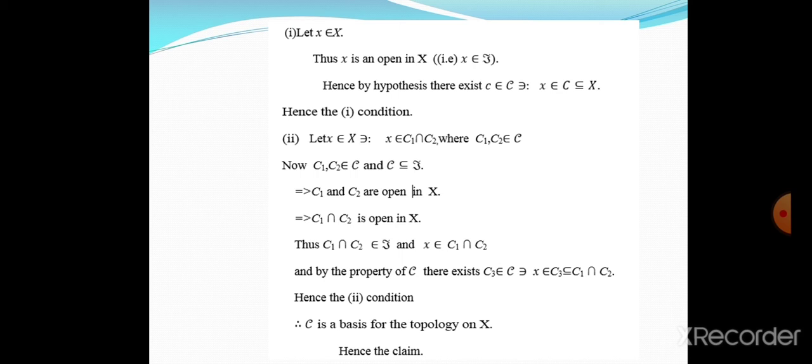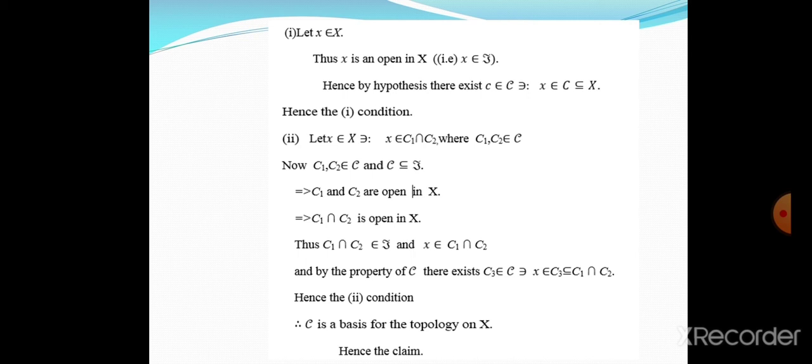That implies C1 and C2 are open in X. Then C1 and C2 open in X implies C1 intersection C2 is open in X. The intersection is also open. So C1 intersection C2 belongs to tau.